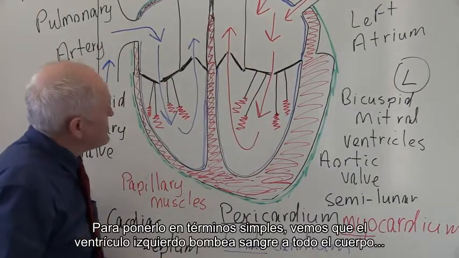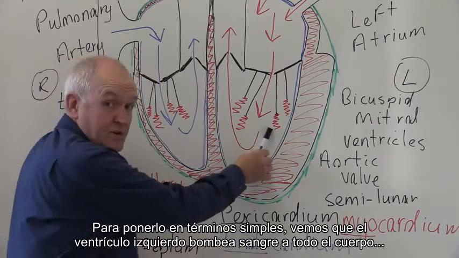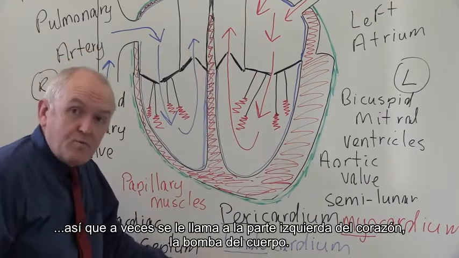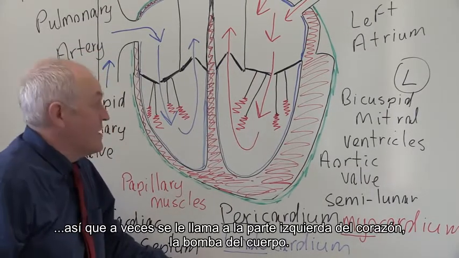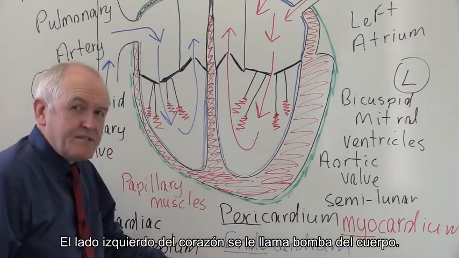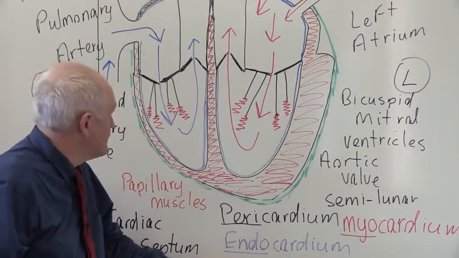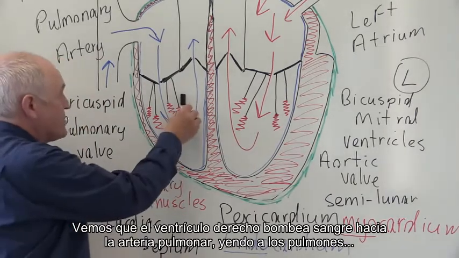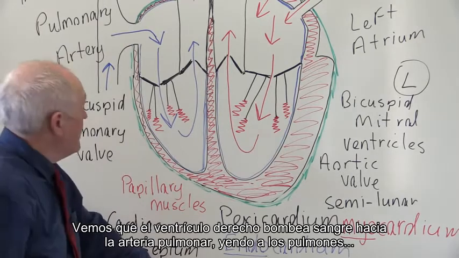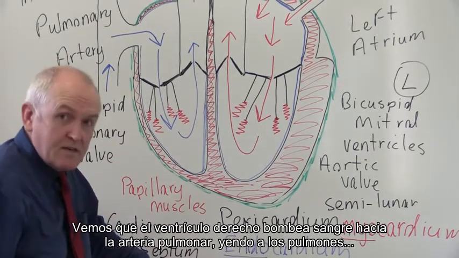And to put it in very simple terms, we see that the left ventricle is pumping blood to the body. So very often we call the left side of the heart the body pump. We see that the right ventricle is pumping blood into the pulmonary artery, going to the lungs.